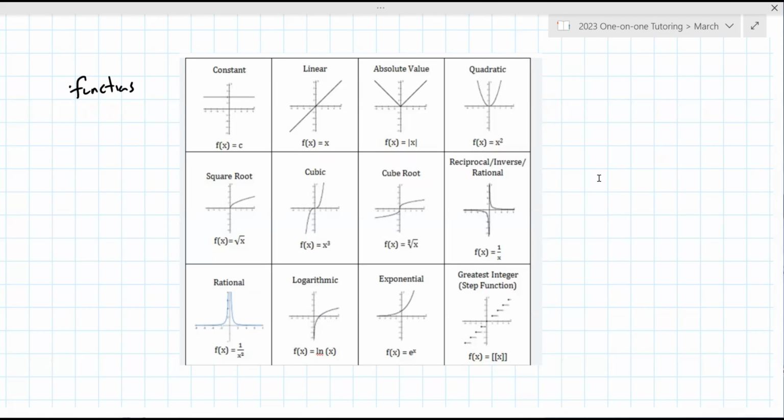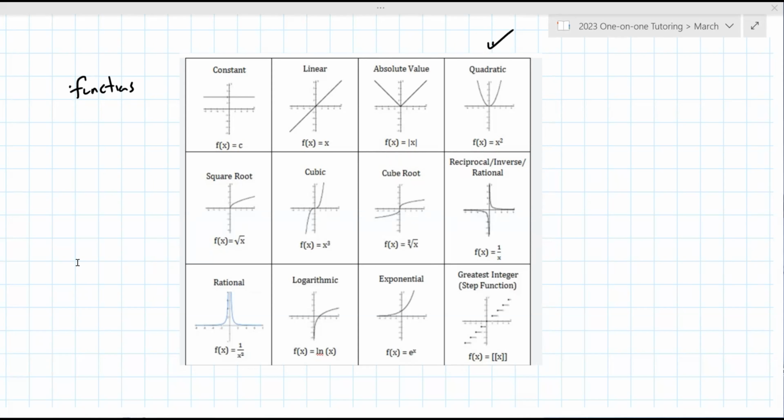Are they emphasizing one or more of these more than others? Like we just did a couple of quadratics. So there's square root, there's cubic, absolute value, anything like that. Some of these don't even look all too familiar to me.